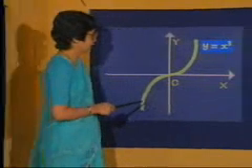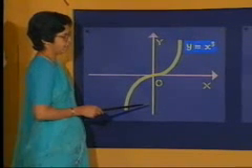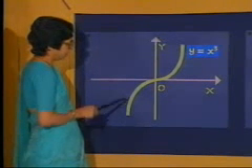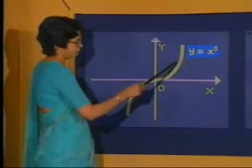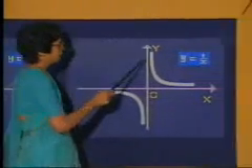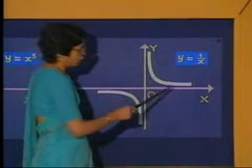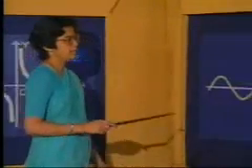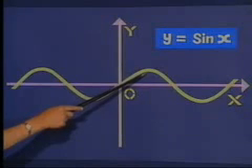But this curve is not symmetric about the y-axis. But you can see that it is monotonically increasing, whereas this curve decreases in the first quadrant. You can also see that this curve has a maximum at this point.